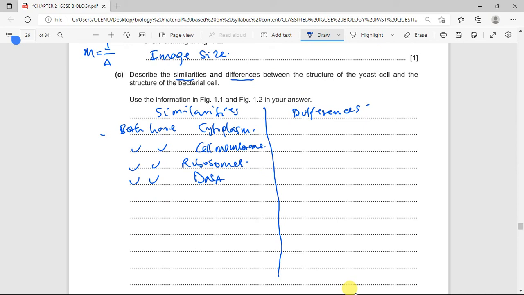Now, differences is, you find out that yeast have nucleus. Yeast have mitochondrion.